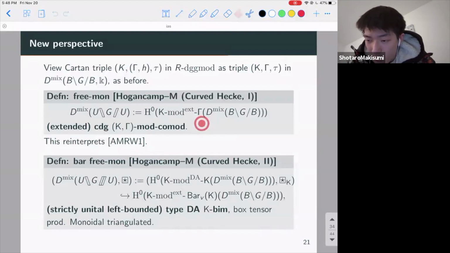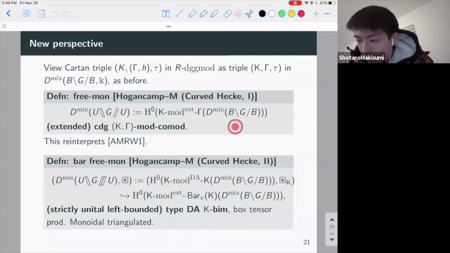But actually, you can package all of that neatly by saying we're really looking at an algebra object K, a Koszul complex, and a curved coalgebra object gamma, a curved divided powers coalgebra. And what we're looking at is really curved DG modules, comodules over such things in the Hecke category.